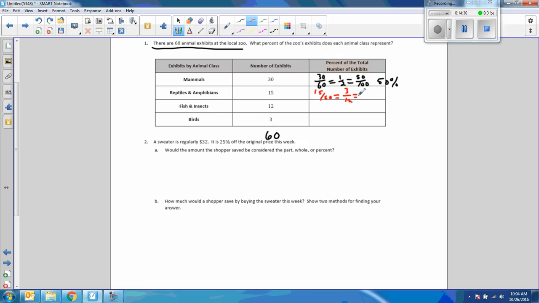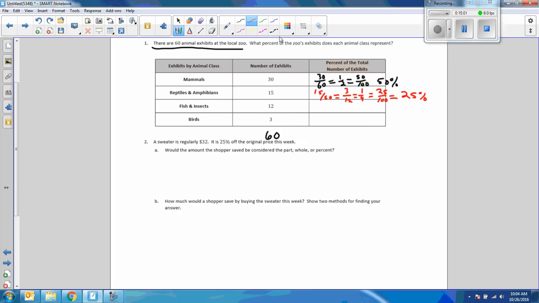Three will go into 3 1 time. 3 will go into 12 4 times. So this is a quarter. Well, what's a quarter of 100? It's 25 over 100. So when we get to the 25 over 100, we know that's 25%. If you're really good with money, what's a quarter of a dollar? 25 cents. Cents is a percent of 100 cents.